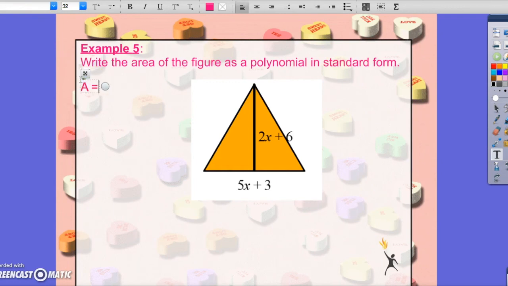So for area, what is the formula? Area equals, now be careful because it's not a rectangle, it's one half base times height. So let's set this up here. Area equals one half times, the base is the bottom here, it's 5x plus 3.